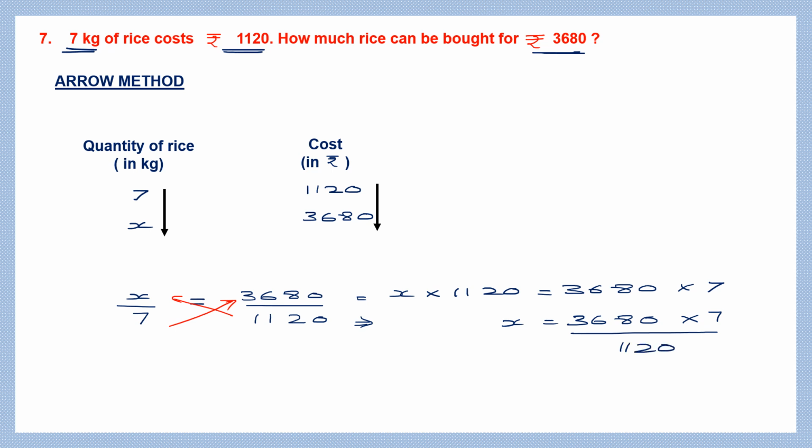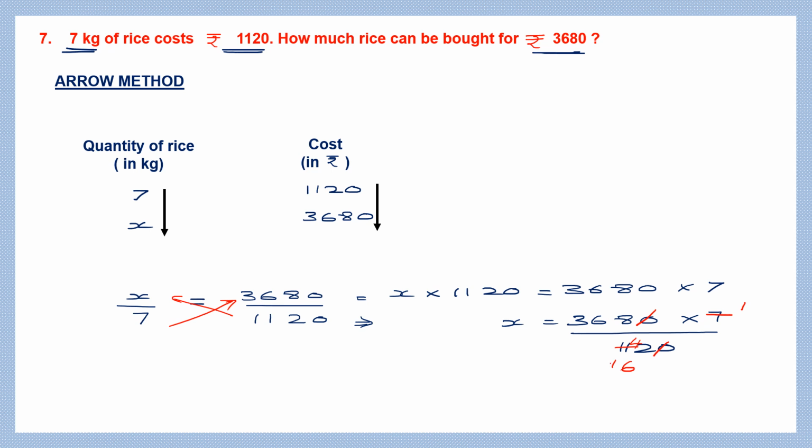So first let's cancel the zeros. Now we can cancel 7 and 112. 7 ones are 7. There is 4 left. 42. 7 sixes. So we have 7 into 16 is 112.